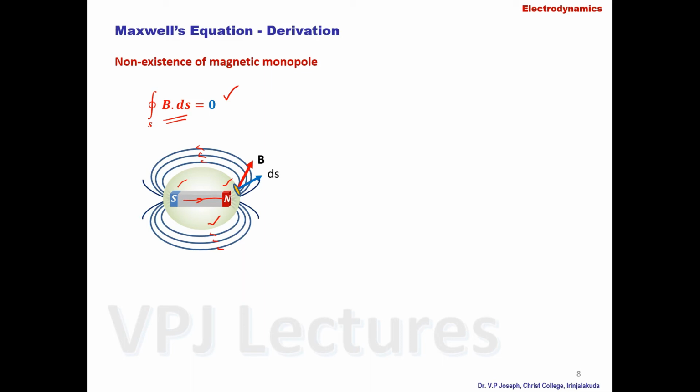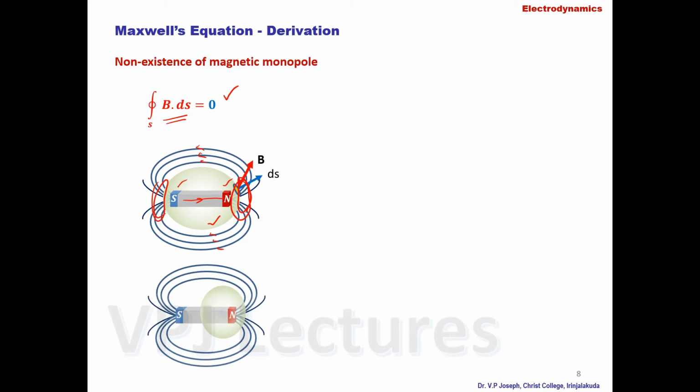At this region flux lines are coming out, but corresponding to this region flux lines are entering. So for the considered surface, the total flux lines coming out is equal to that entering, so that the total tends to 0.